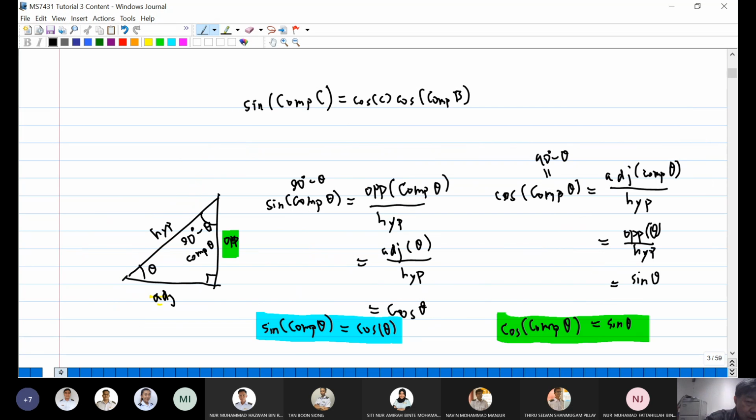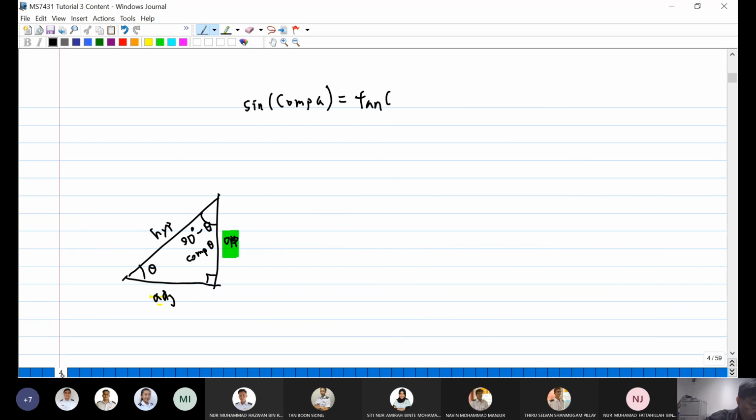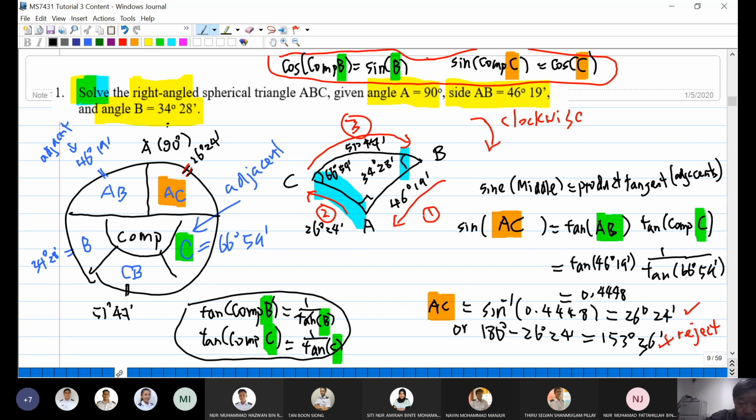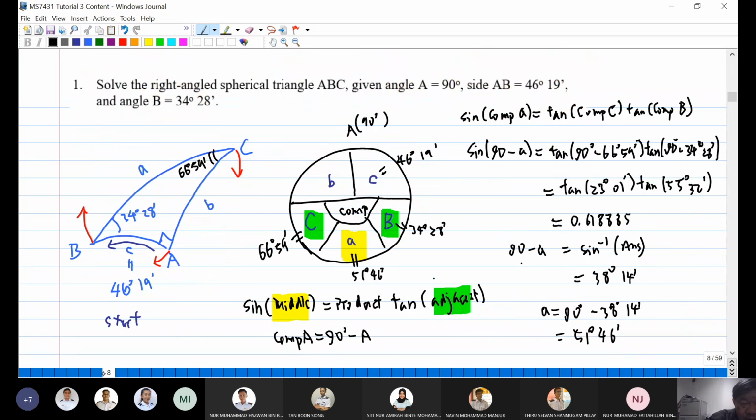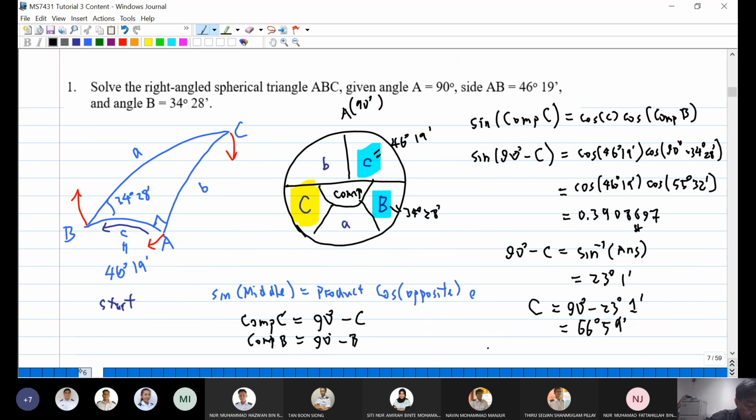So I just continue this one. Okay, tangent of co-C, tangent of co-B. Okay, just now we have this one. Okay, tangent of co-C, angle C here.